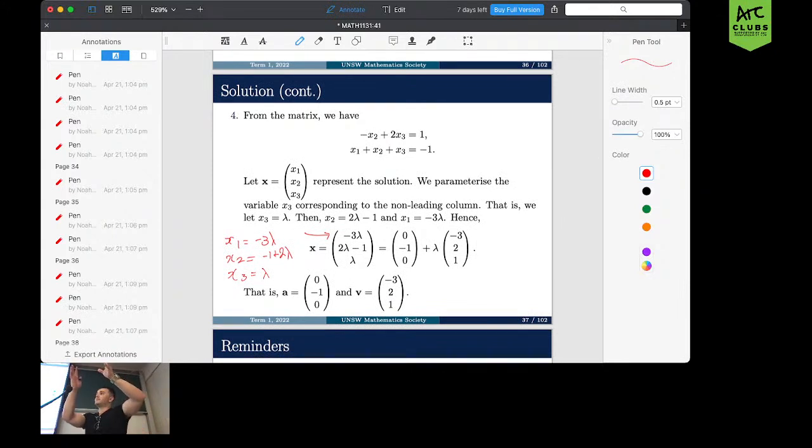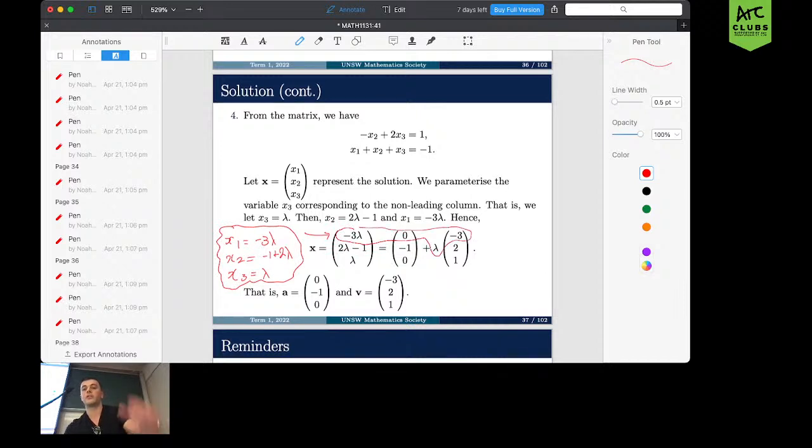Now, we have to break it up into two vectors, one with no lambdas involved at all, and then one where you're multiplying by a lambda scalar. And so what we can do is break these three up into this. If you're wondering how that's done, just think of it like this. x1 is equal to 0 plus negative 3 times lambda.